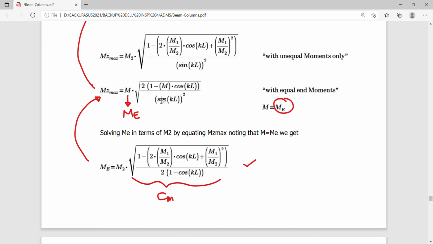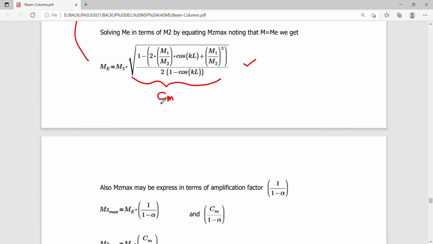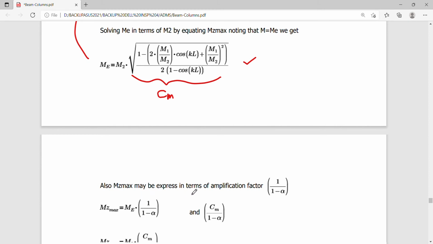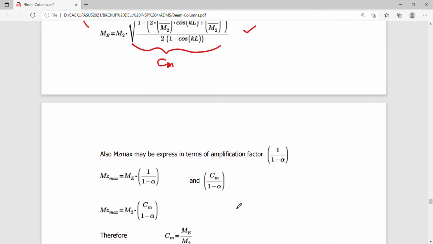with equal end moments. So we also know that MC max may be expressed in terms of amplification factor, such that your ME now here is amplified by using the first value of your amplification factor derived from the basis of the AISC.